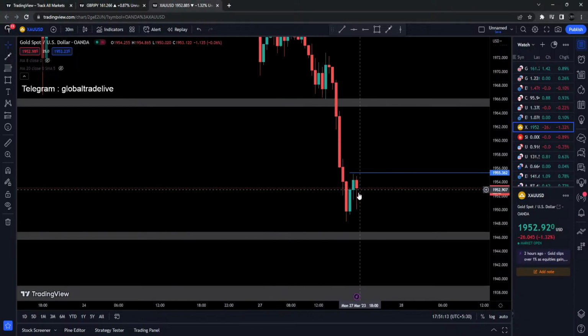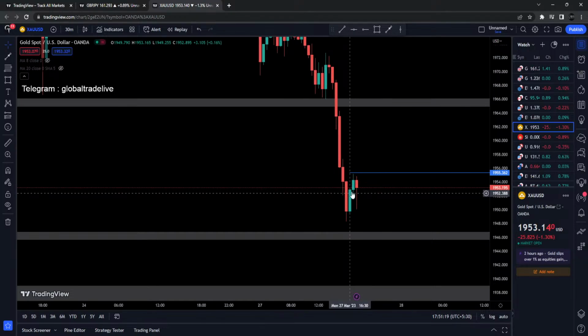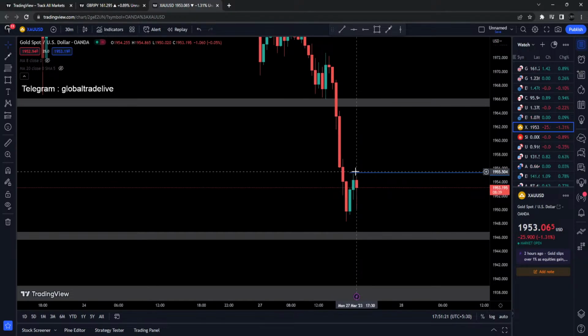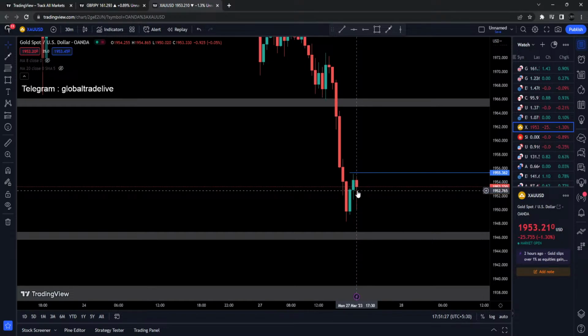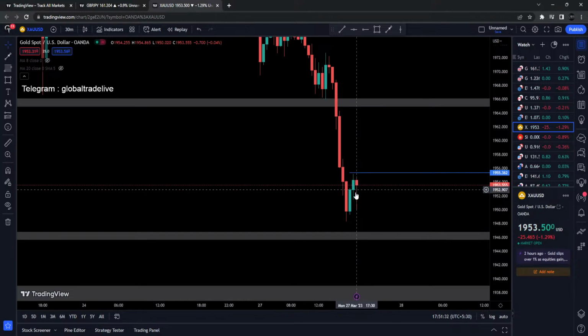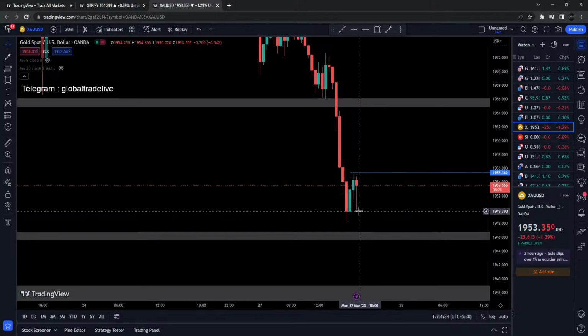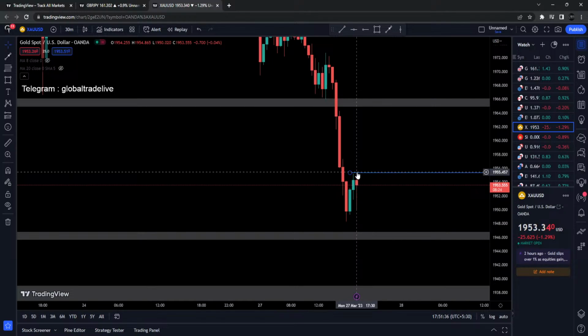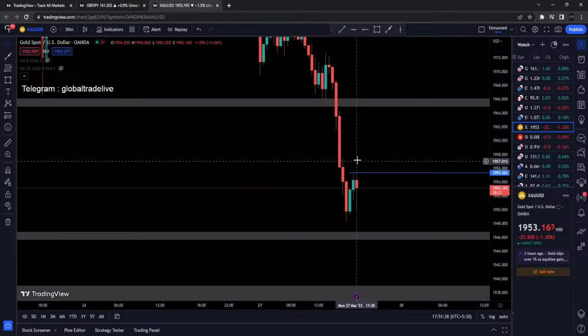Yeah, gold is now rejecting. And now what if this candle now breaks the high? What if that happens? Then I really think that will be a nice opportunity to enter the trade, because it has already created this huge wick, and now breaking the high means it will be moving a little bit up.